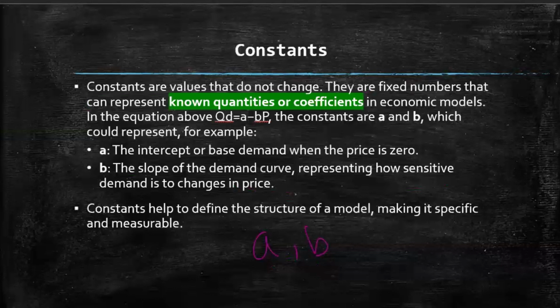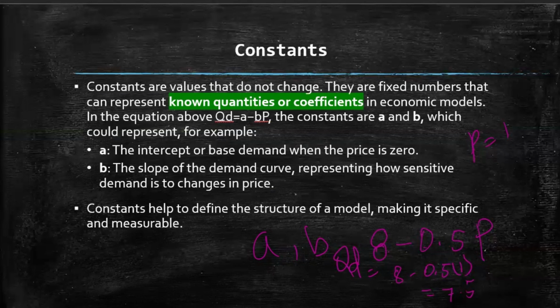Let's suppose we're talking about quantity demanded equal to 8 minus 0.5 P. If P is equal to 1, then the value will be 8 minus 0.5 into 1, which will be equal to 7.5.